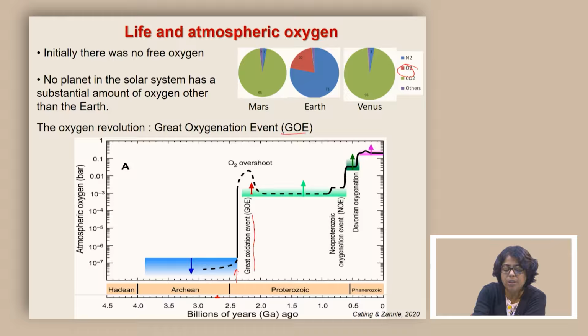This GOE is evidence which clearly shows that the oxygen level was low before and high afterwards. It was still not as high as we see today, but it was definitely significantly larger compared to the Archean times.